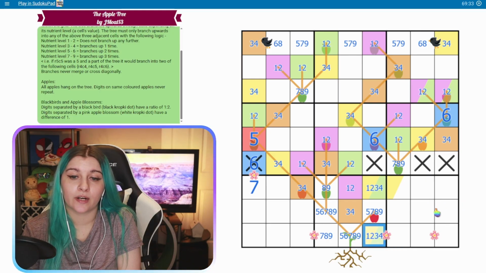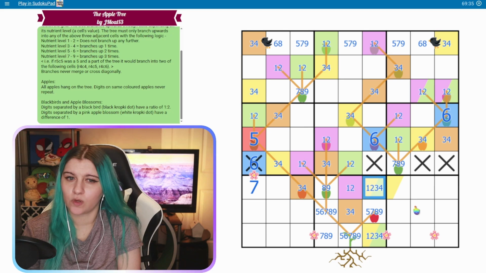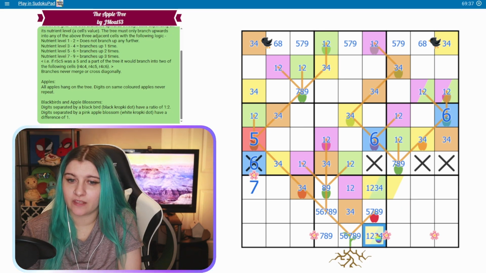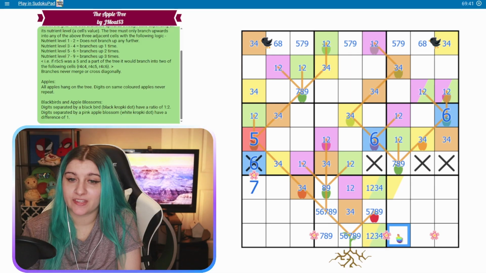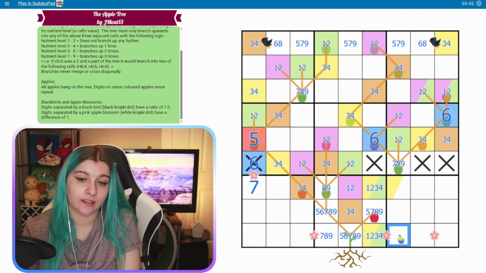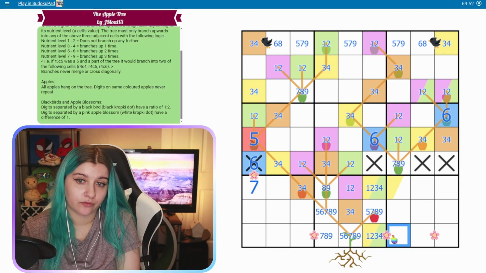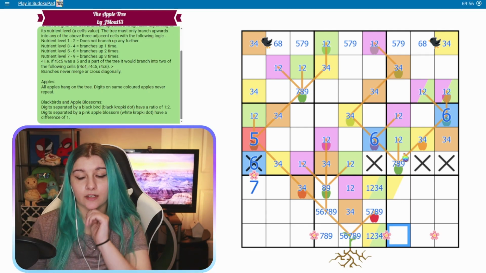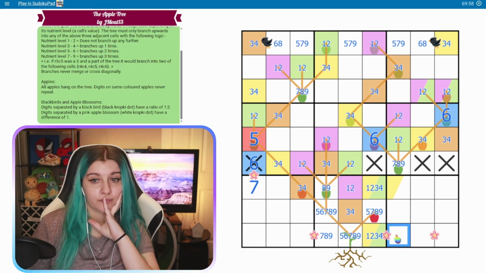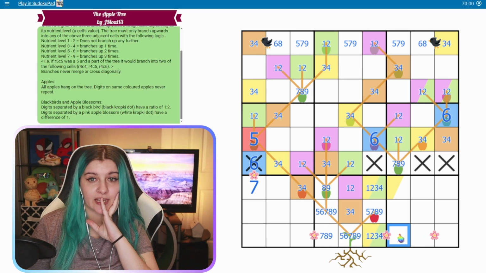Yellow is 3, 4. Green is 1, 2. If this was a green 1, 2, this can't be a pink 1, 2. So I would have to go 2, 3. And it would have to be green, yellow. What are my actual options here? This can't be green or pink, so I can't have a 1 or a 2.